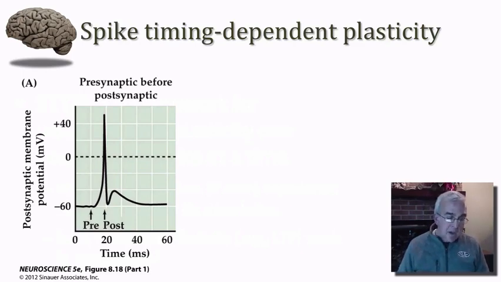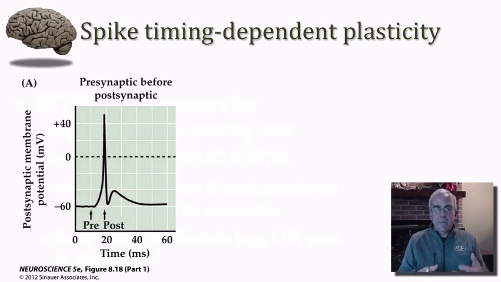So, consider a synapse where we've got a presynaptic input to a postsynaptic neuron, and in our experiments that I'll be talking about here, it's possible to stimulate the presynaptic axon and induce an action potential at that presynaptic terminal at some period of time, either before or after an action potential is recorded in the postsynaptic neuron.